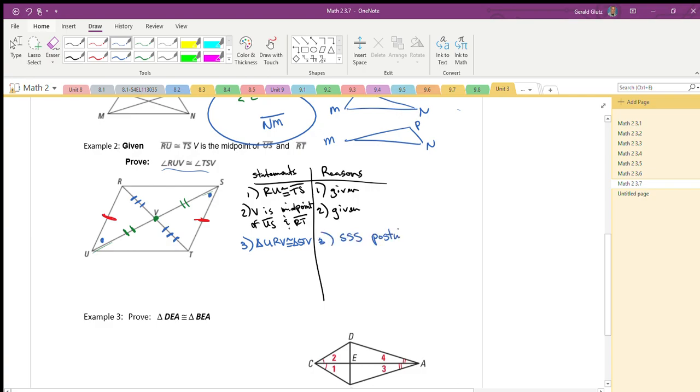So hopefully when I asked that question a few moments ago, you were thinking that because we have three sides. So RU and TS were a side, and then the V being the midpoint created two other sides. So we got three sides, so side postulate.